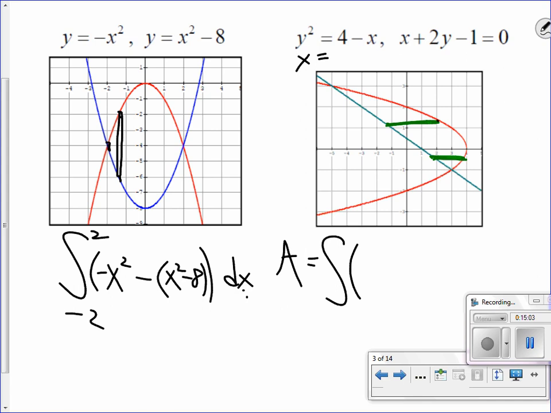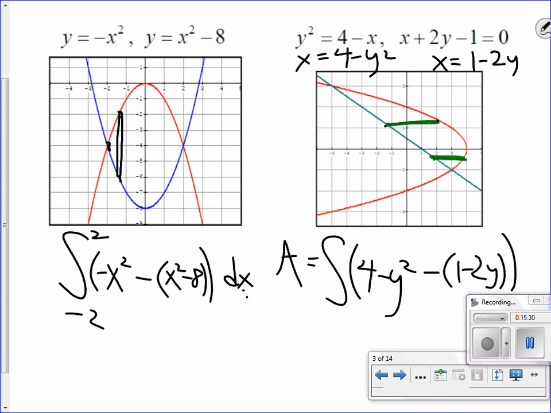I believe that. So x right, x on the parabola, is equal to 4 minus y squared, minus x left, you said. That's x on the line. There's the equation of the line. What does x on the line equal? 1 minus 2y. So minus (1 minus 2y). So the height is all that, and the width, dy.